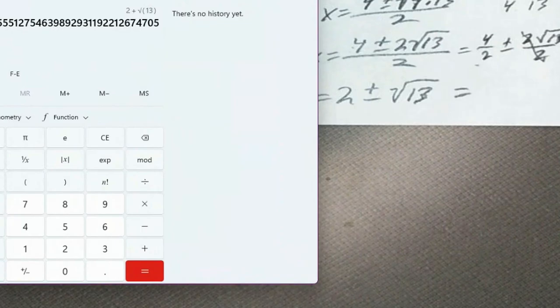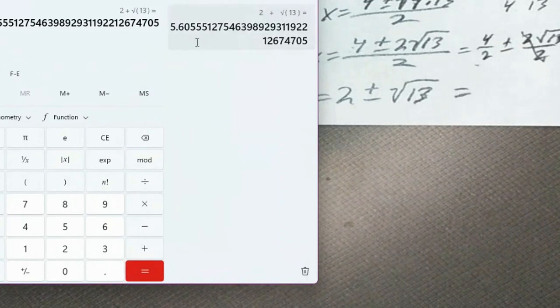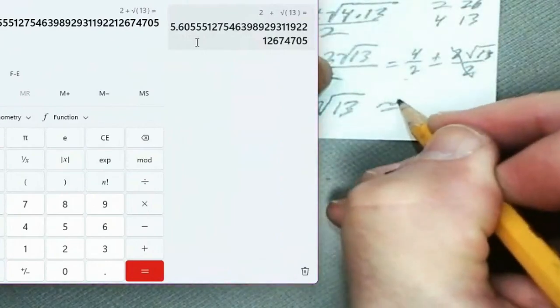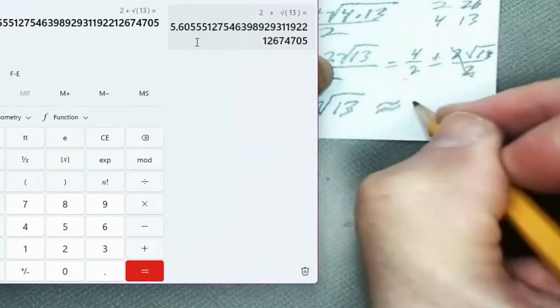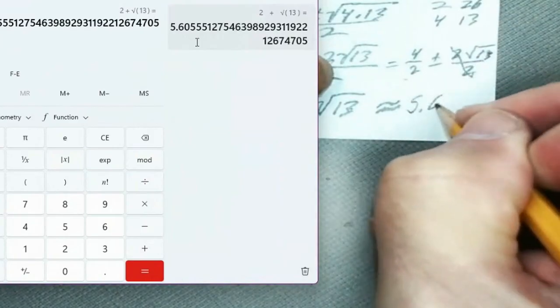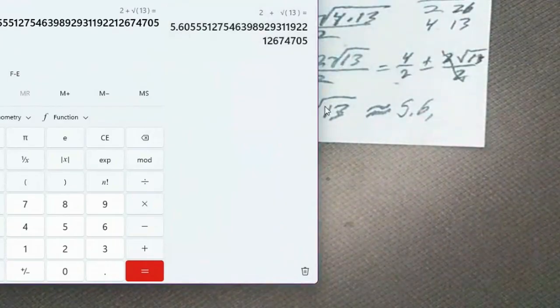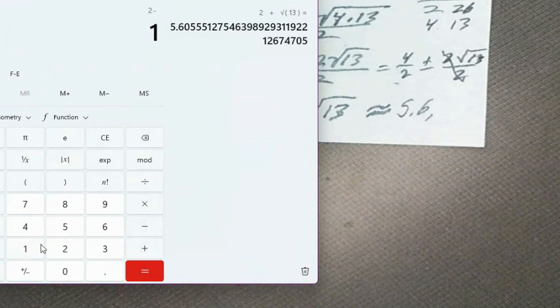Square root of 13 is 3.6055. So it's about 5.6. And what's the other solution? The other solution is 2 minus that. 2 minus the square root of 13.